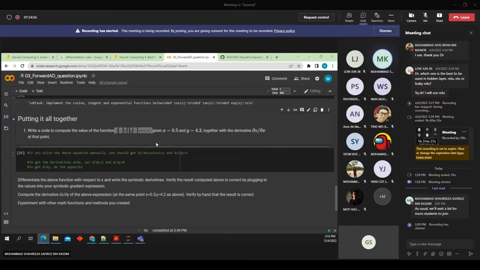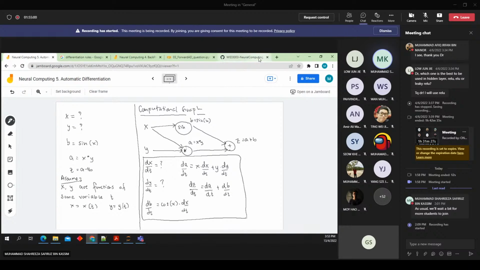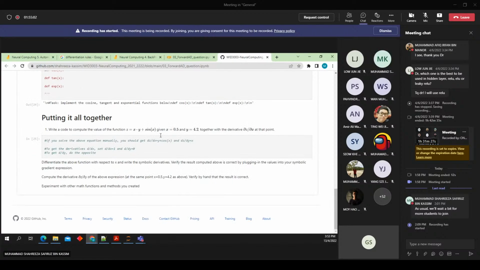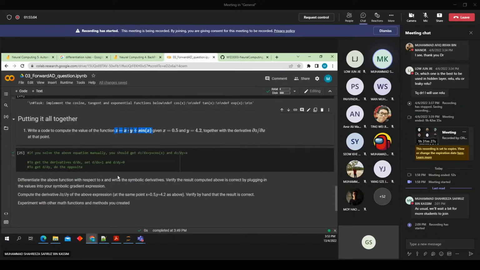Sorry, my mistake. We're not going to do this. We're going to do a simpler one. So we have x and y and z, and you want to see whether in this case your dual numbers can be in the form of a sine function.